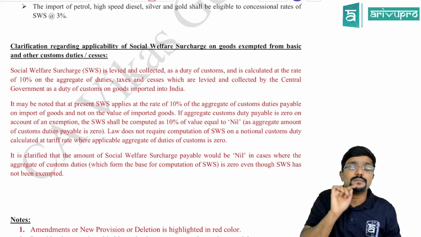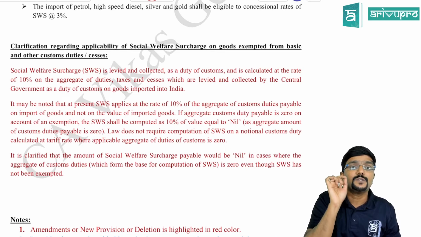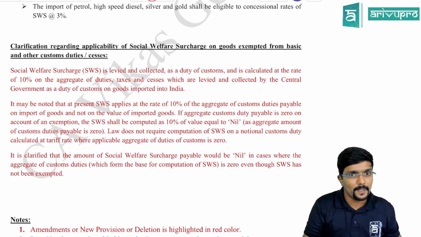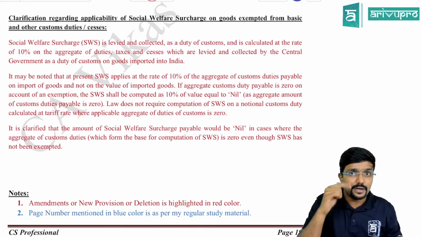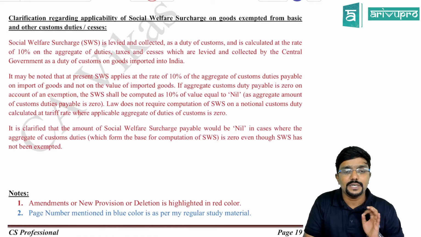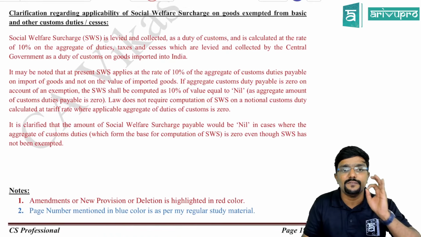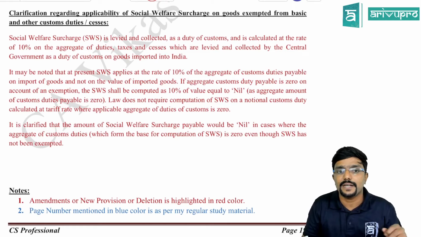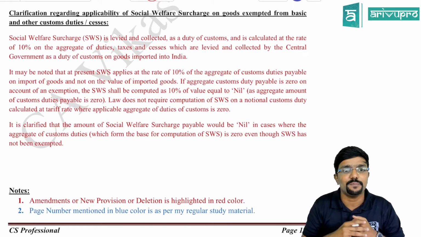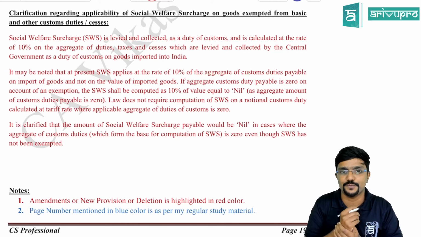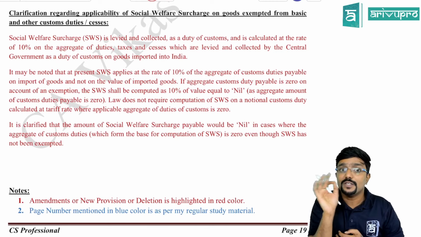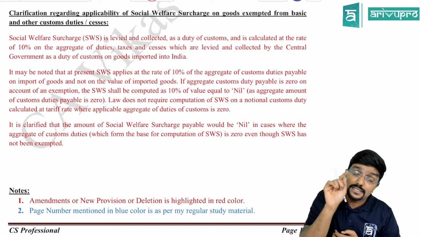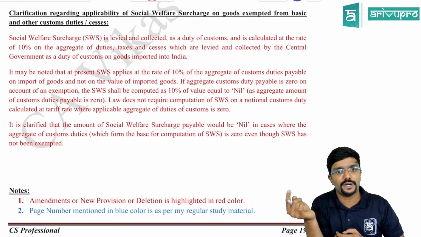On that basic customs duty, you will calculate 10% social welfare surcharge. Okay. It may be noted, now the clarification, that at present, social welfare surcharge applies at the rate of 10% of the aggregate of customs duty payable on import of goods and not on the value of imported goods. Okay. So it is not on the value of imported goods. It is on the customs duty calculated on the value of imported goods.